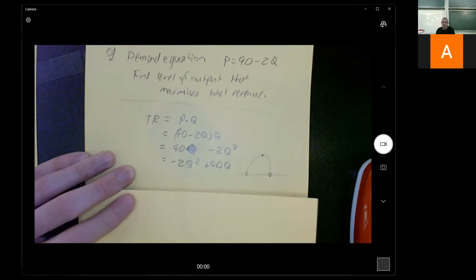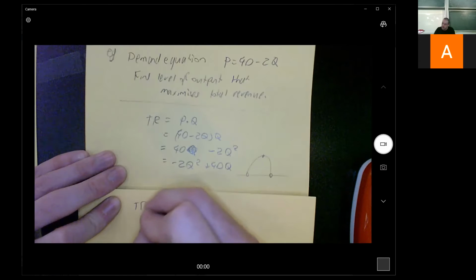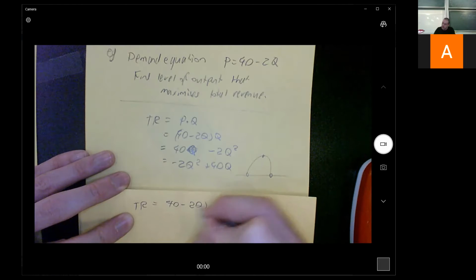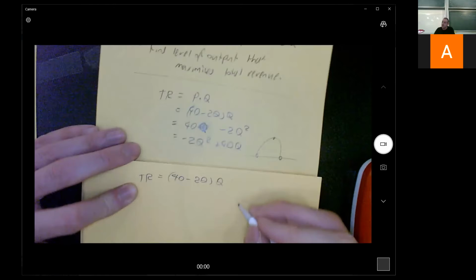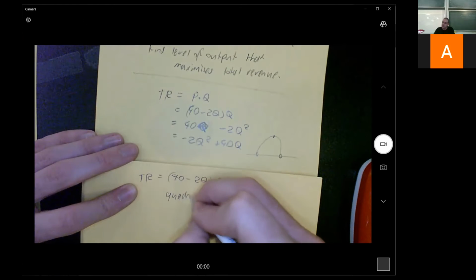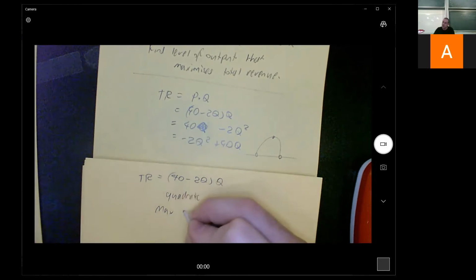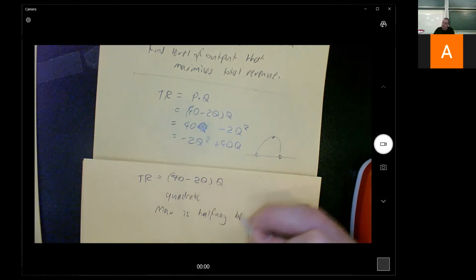So if I did this, I would probably say TR is 40 minus 2Q times Q, which is quadratic. The maximum is halfway between the zeros.